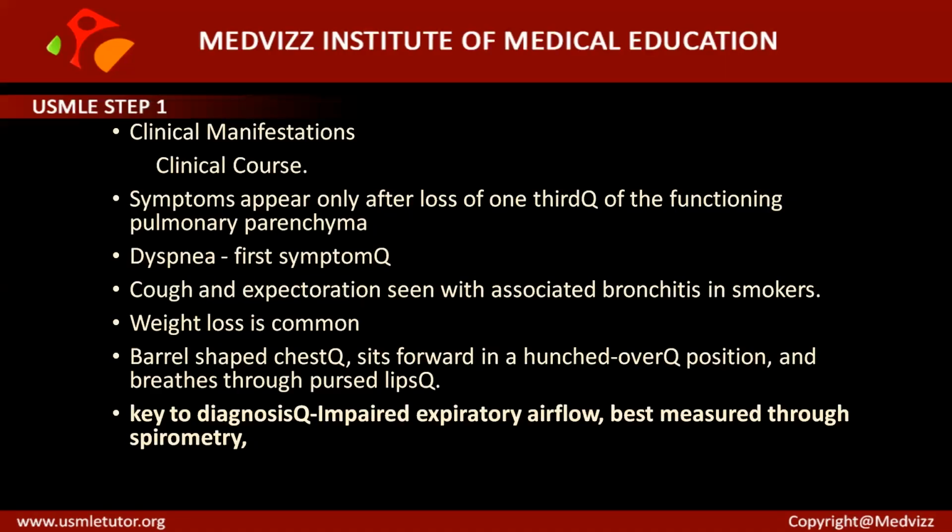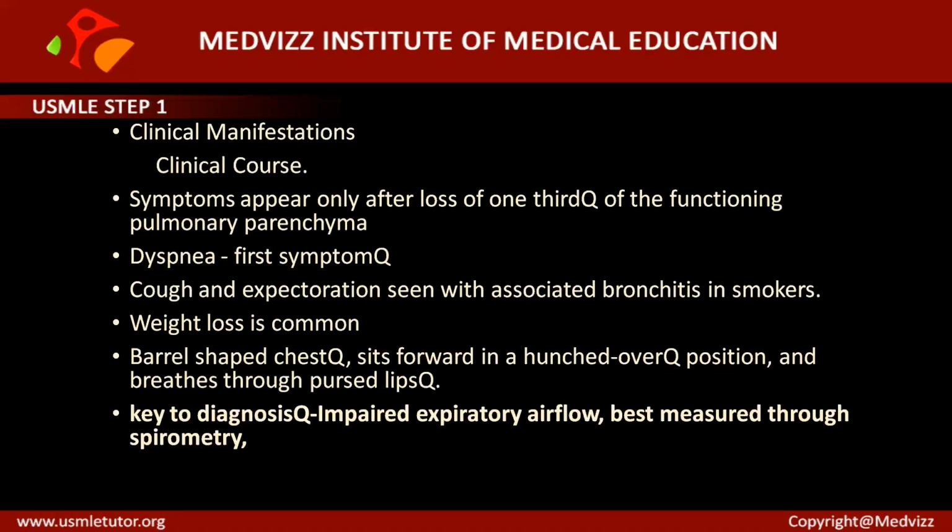Remember that barrel-shaped chest is typically seen in emphysema. If you talk about the total lung capacity, there is a little bit of increase in total lung capacity in chronic bronchitis, because even in chronic bronchitis there is a little bit of loss of lung parenchyma as well as elastic fibers. That's the reason TLC is a little bit increased in chronic bronchitis, but it is insignificant.